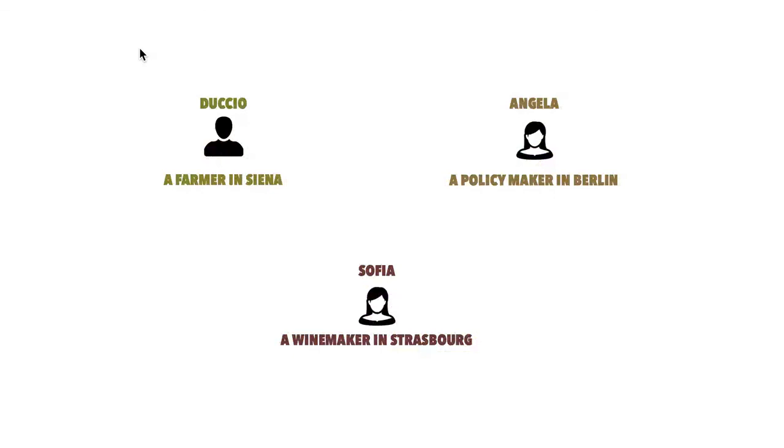Maybe the winemaker would need something to integrate with her business intelligence system, because if she works in an enterprise, she will have to take into account not only the climate information, but financial data, economic data, logistics data, and so on and so forth. So the tool that will be useful for Sofia, the product that will be useful for Sofia, probably not so much for Angela. Maybe she will need something graphical and higher level to look at larger time scales.